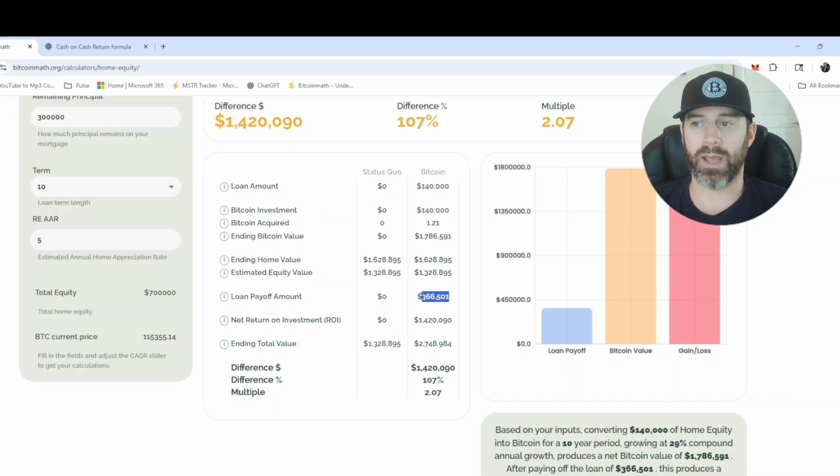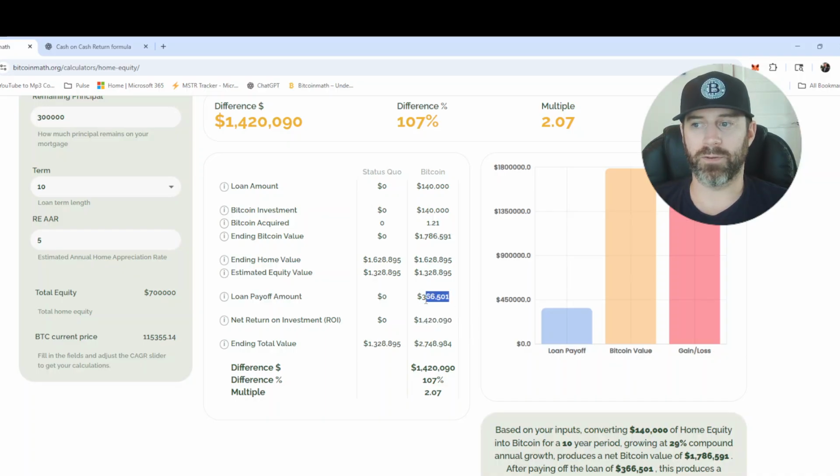But ultimately, your payoff amount after this 10-year period would be about $366,000. So when you take that 366 and subtract it from your 1.78 in Bitcoin value, you end up with a net ROI of $1.42 million. Okay? And remember, you still have your house in this scenario as well.